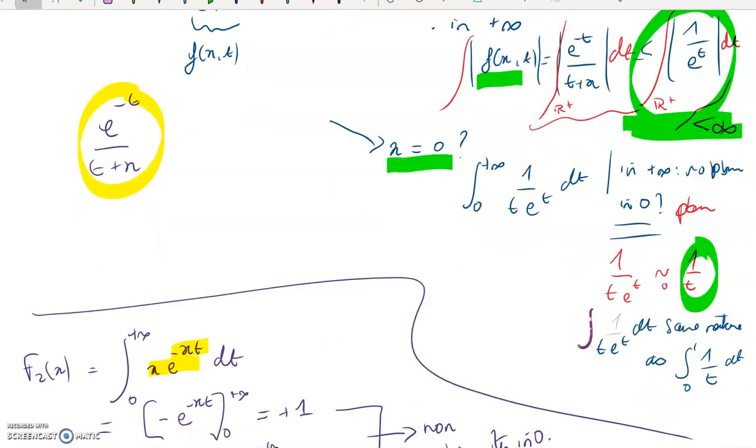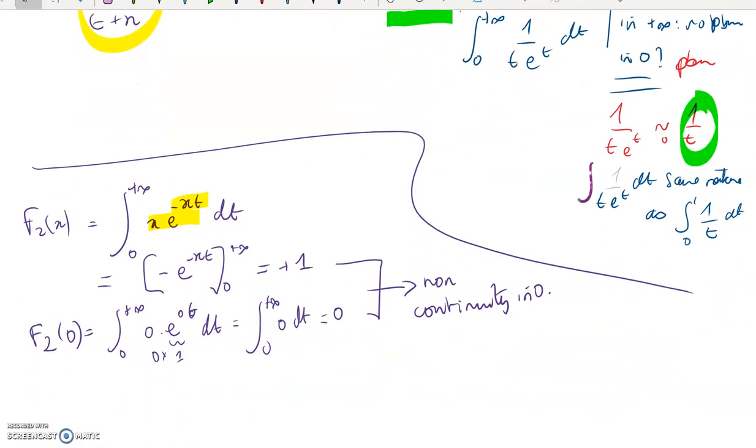In that second case, we didn't use a dominating function, but if you try to find a dominating function that would not depend on x and that would still be integrable for all values of x in R plus, you wouldn't be able to find it.